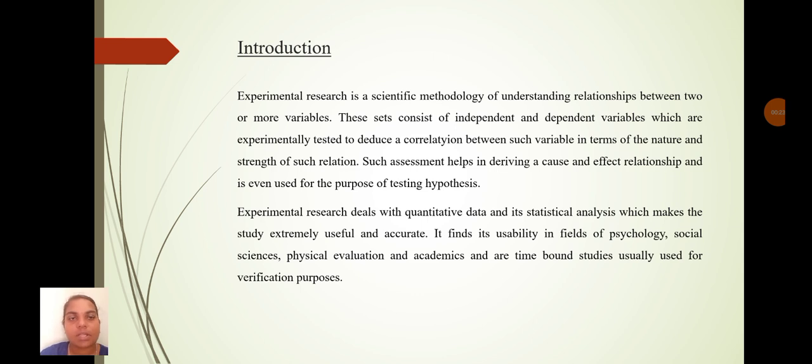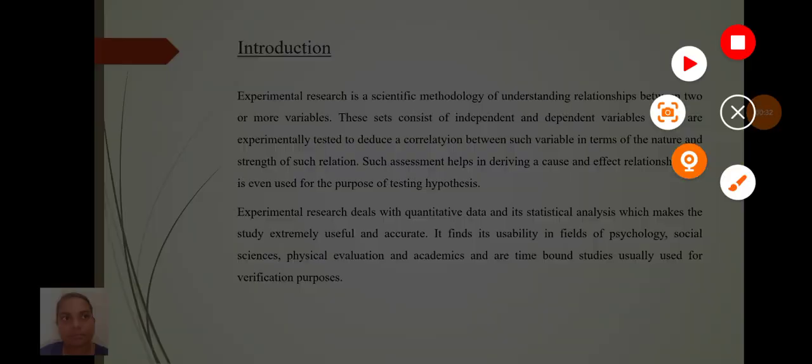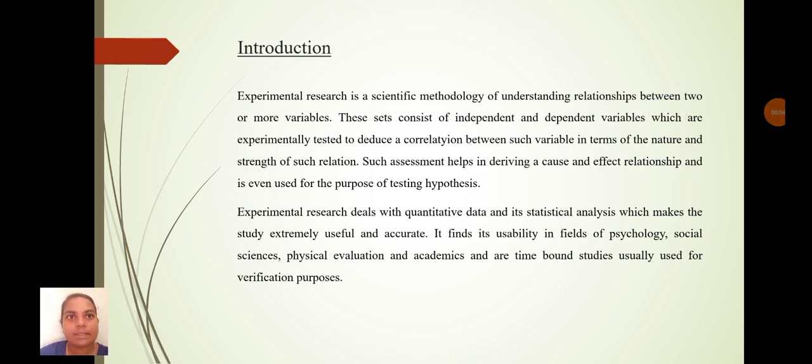Experimental research design is a scientific methodology of understanding the relationship between two or more variables. This set consists of independent and dependent variables which are experimentally tested to deduce a correlation between such variables in terms of the nature and strength of such relations.